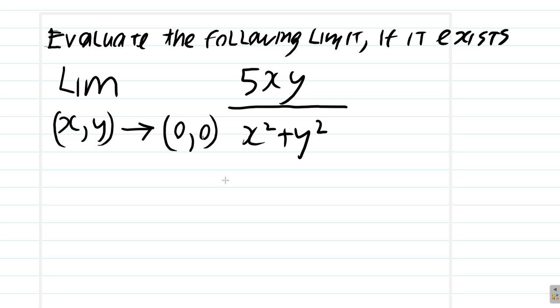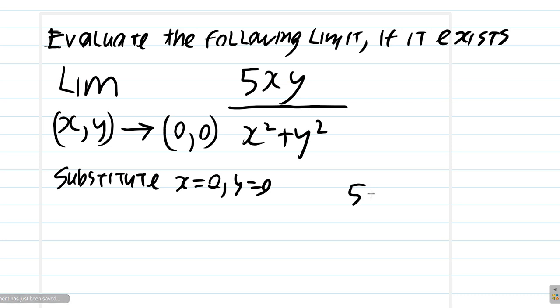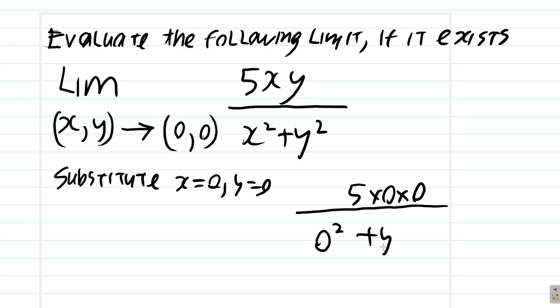So we're going to substitute x equals 0 and y equals 0 and see what happens. 5 times x, which is 0, times y, which is 0, divided by x squared, which is 0 squared, plus y squared, which is 0 squared.